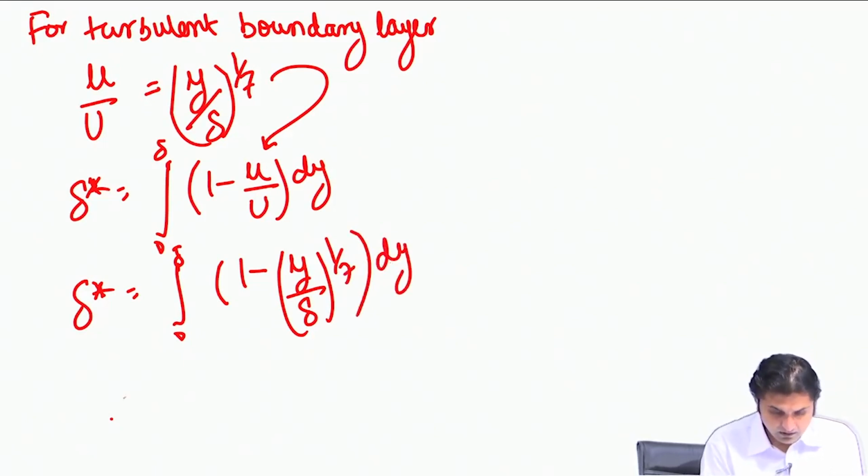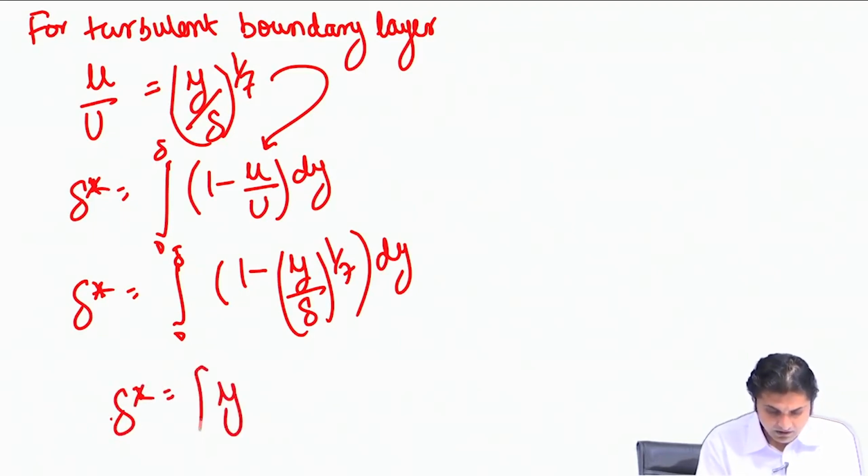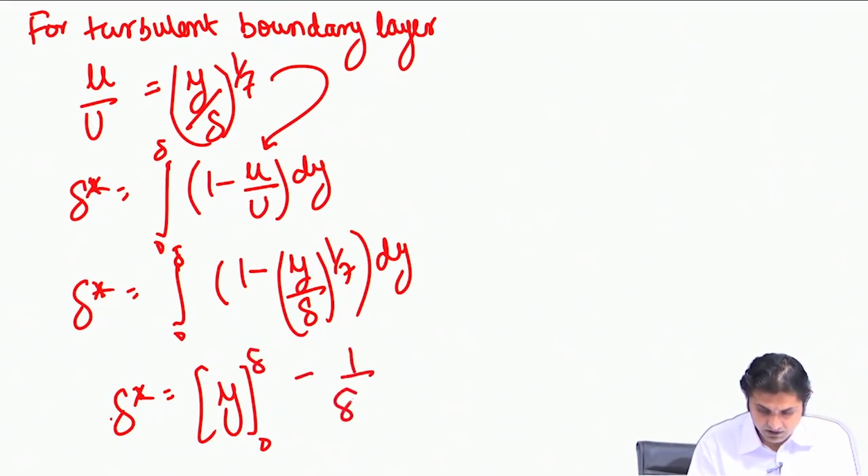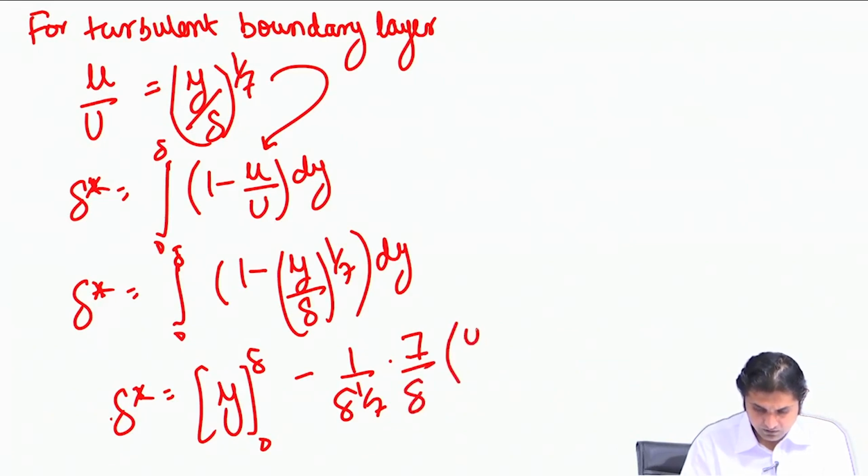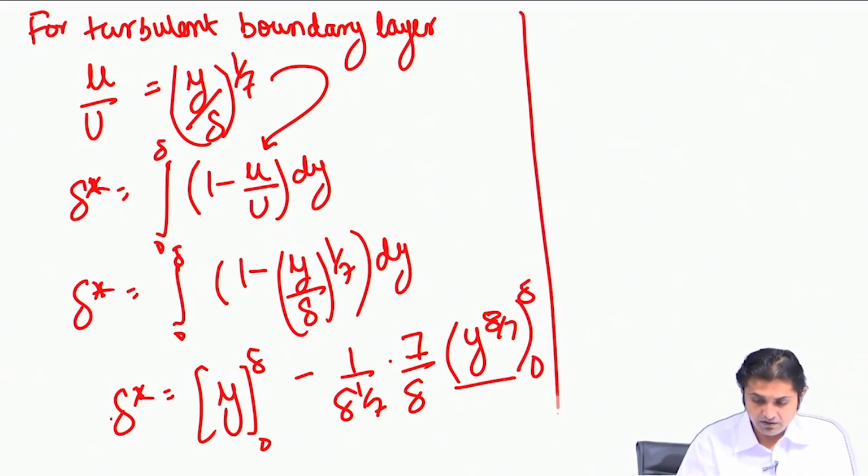After integrating and putting the limits 0 to delta, minus 1 by delta to the power 1 by 7 into 7 by 8 into y to the power 8 by 7, from 0 to delta.